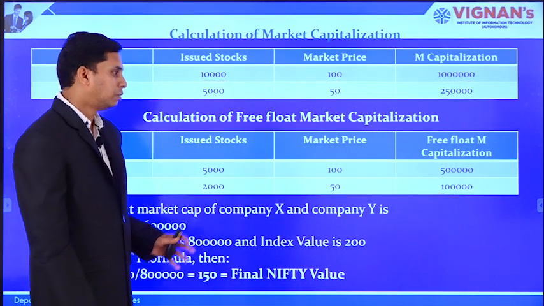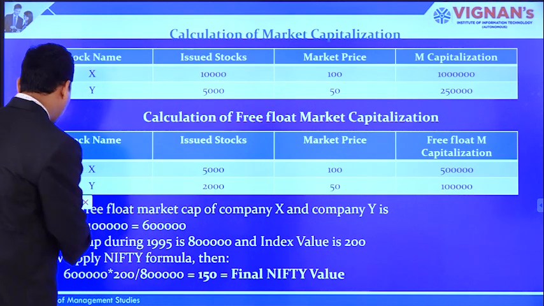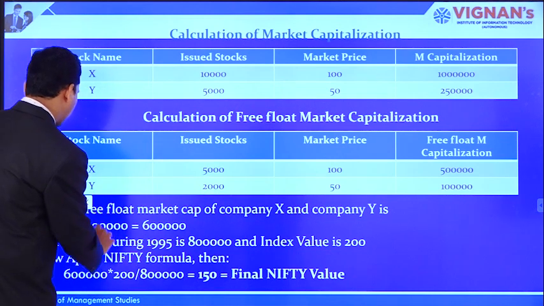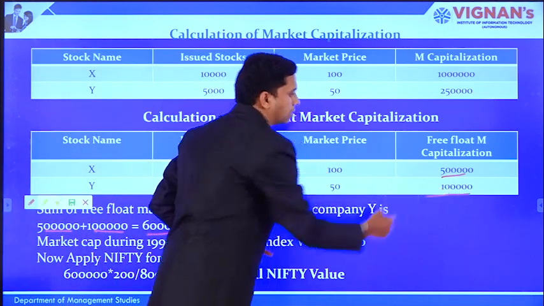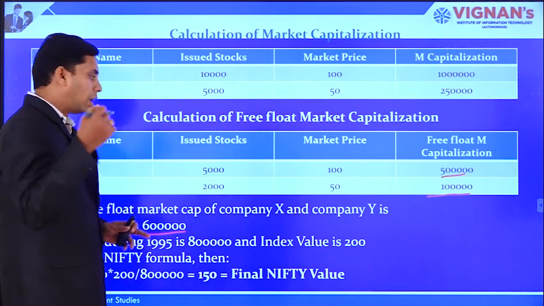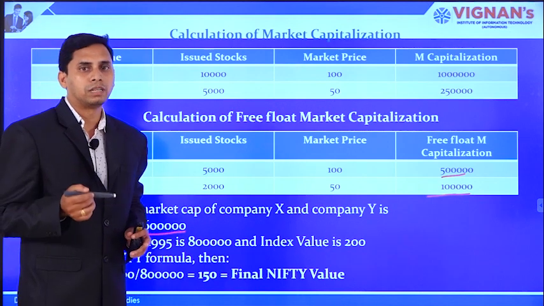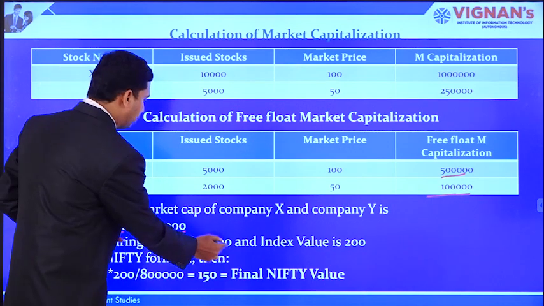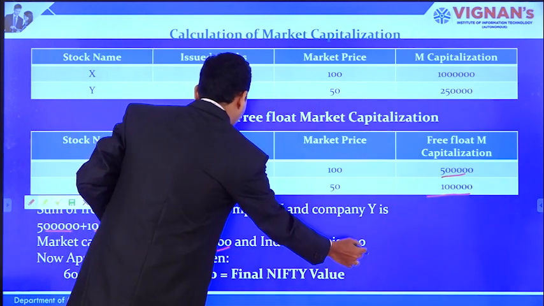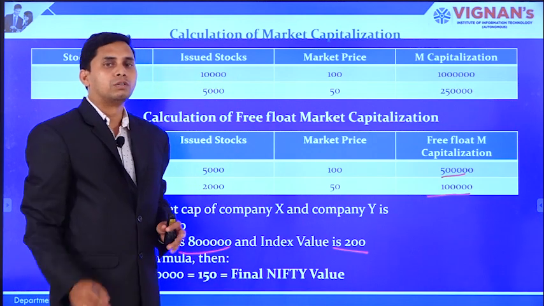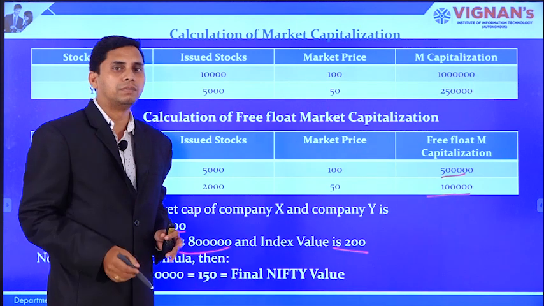Okay. So, now free float market capitalization of company X and Y, while calculating, we got 5 lakhs and 1 lakh. Collectively, the free float market capitalization is 6 lakhs. Now, also for calculating the index value, we need the base index value. So, base index market capitalization for Nifty is 8 lakhs and the index value is 200.